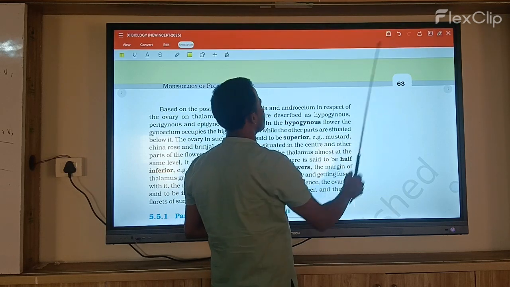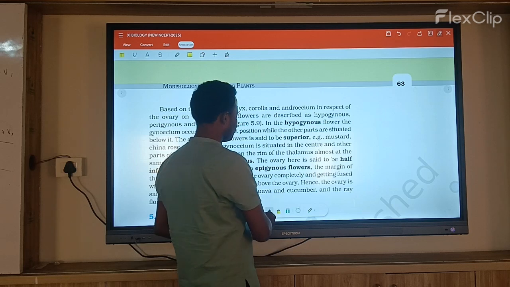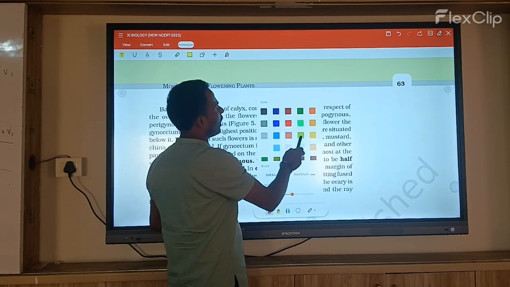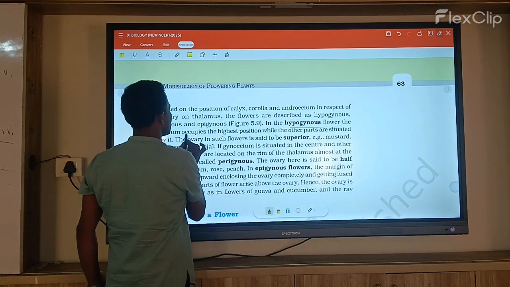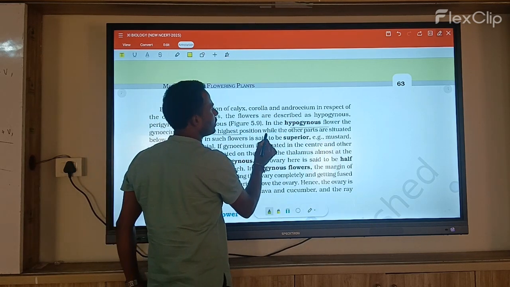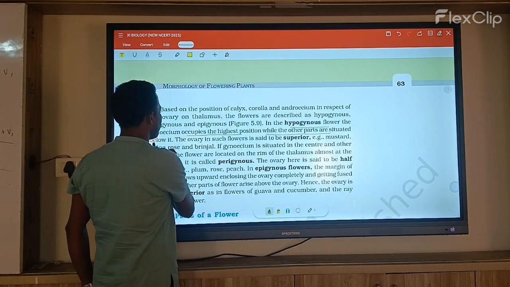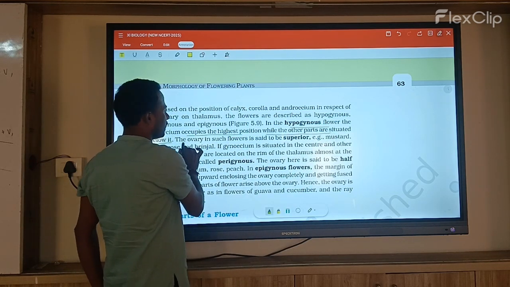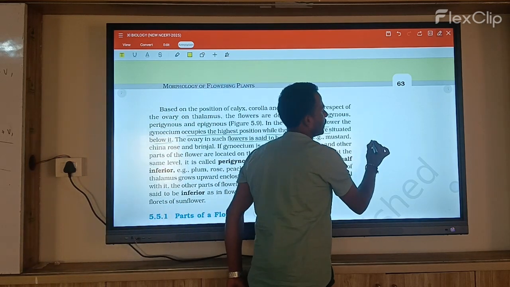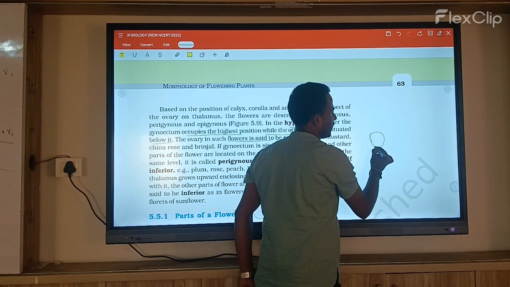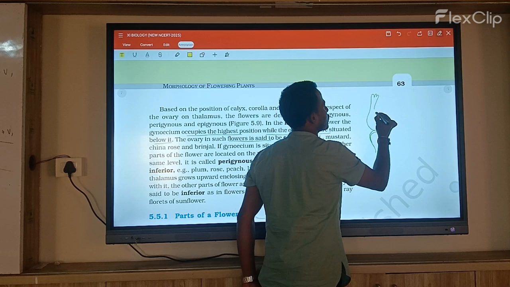First, let us discuss what a hypogynous flower is. In a hypogynous flower, the gynoecium occupies the highest position, while the other parts are situated below it, and the ovary of such flowers is said to be superior.